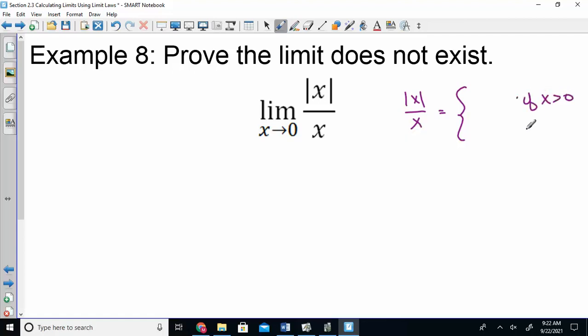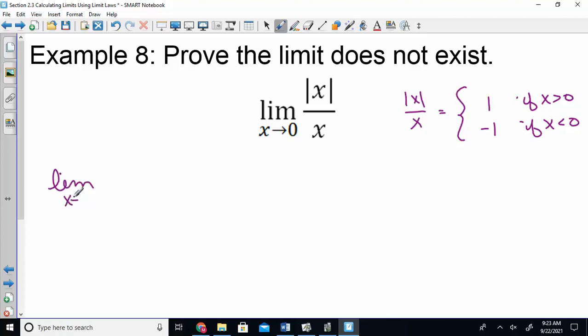So we're just going to have one case if x is greater than 0, one case if x is less than 0. You can't actually equal 0 in this scenario. So if you plug in a positive, the absolute value of a positive number is that number. So x divided by x would be 1. If you plug in a negative number, the absolute value of that negative number would be the positive. Divided by the negative, you get negative 1.